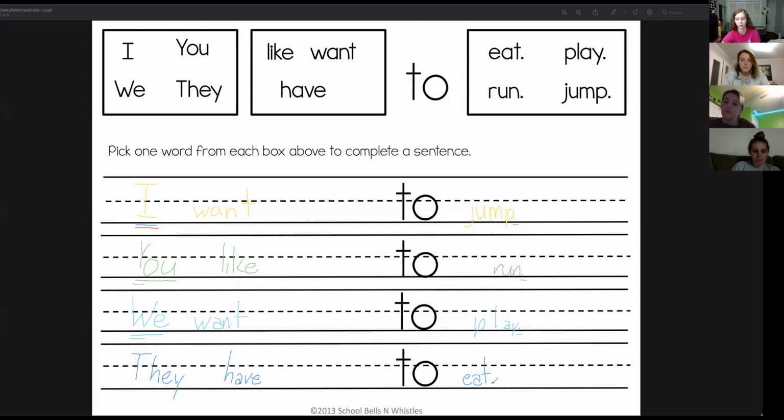And then what did you underline? I underlined the T in they. And then I underlined they. And the period after eat. Okay, good job. So you guys all did really good with that.